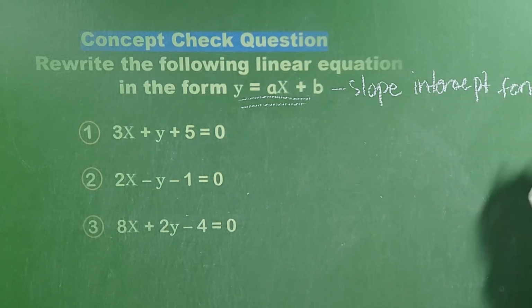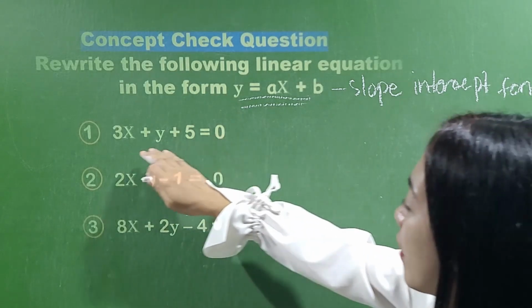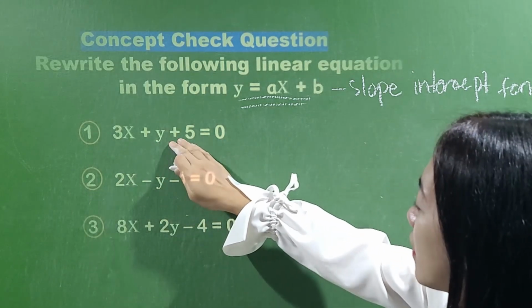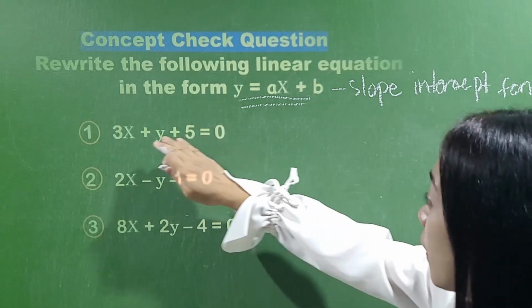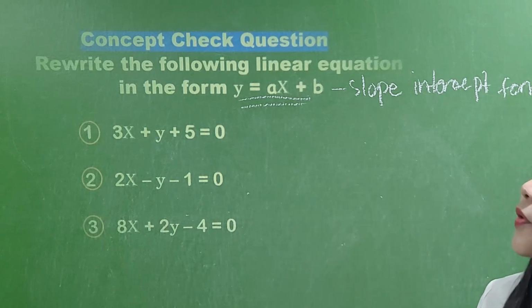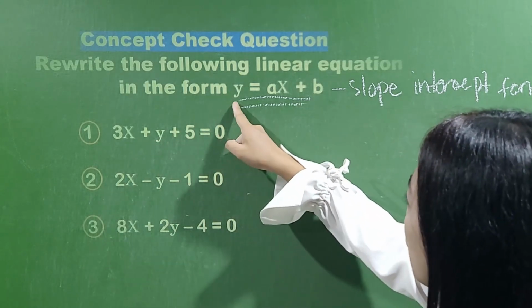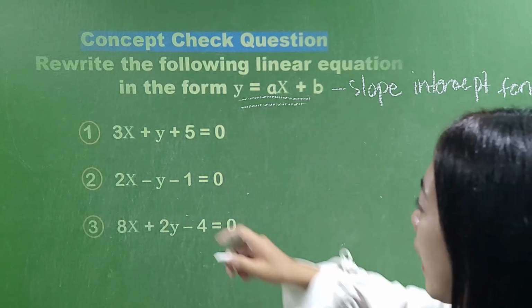Let's take a look at the first equation in standard form. We have here 3x plus y plus 5 is equal to 0.